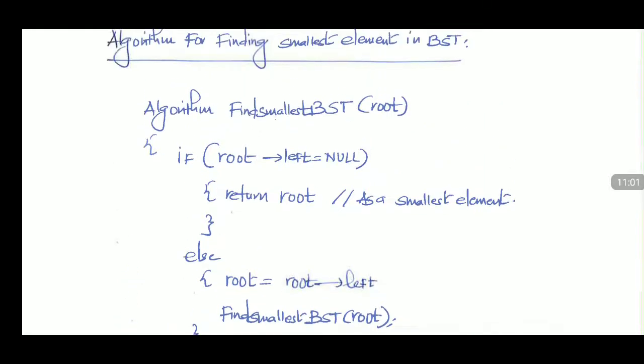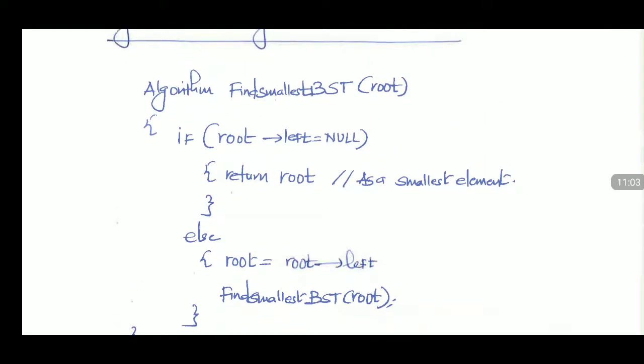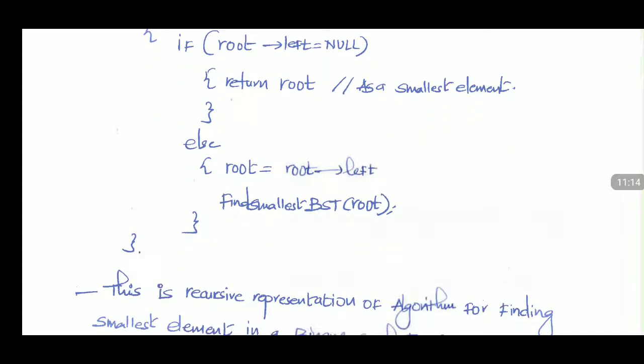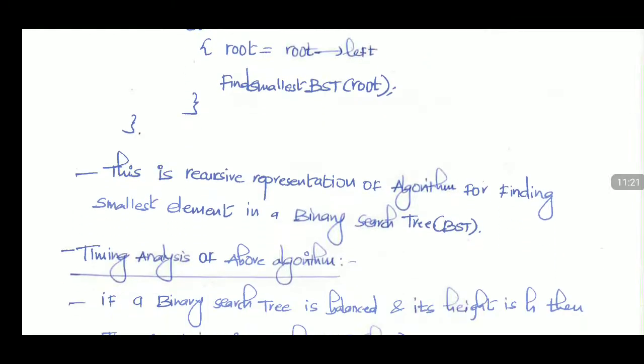So it will again check whether root left is null. If it is null, then it is going to return root. Otherwise, it will do root is equal to root left and again pass that new root to the algorithm. Basically, this is a good example of a recursive representation of an algorithm for finding the smallest element in a binary search tree.